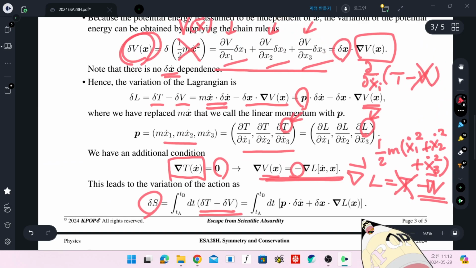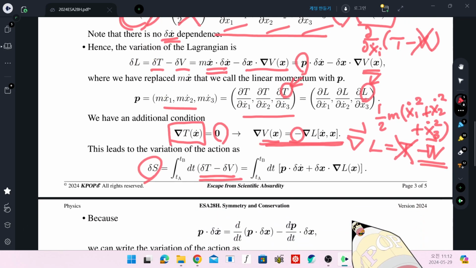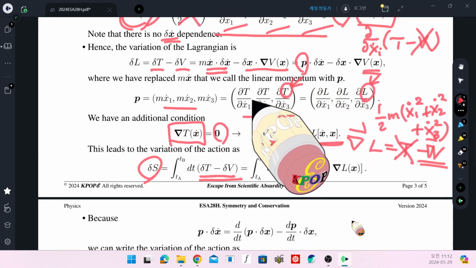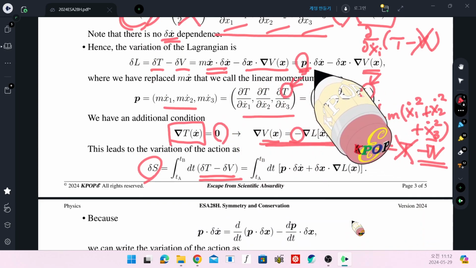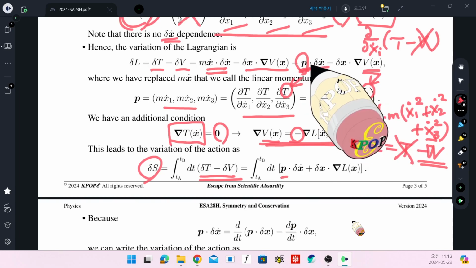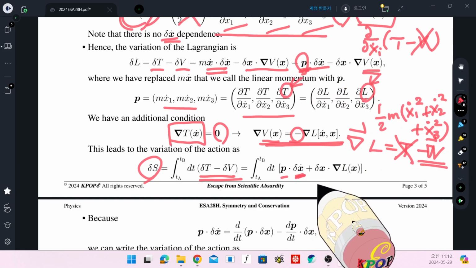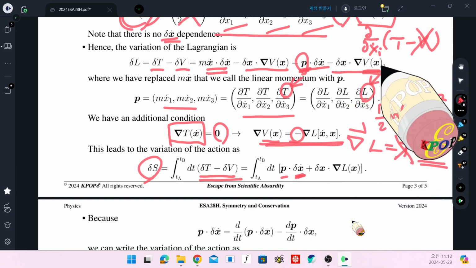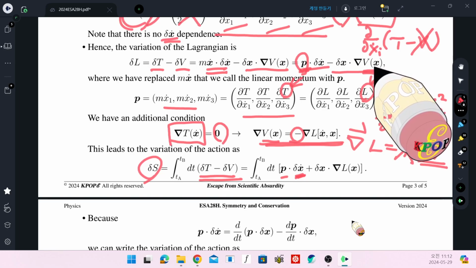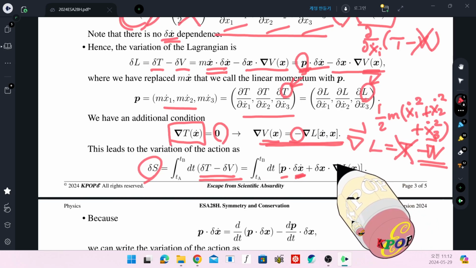We remember the variation of the kinetic energy. Variation of the kinetic energy is this: linear momentum, scalar product, velocity, the variation of the velocity. Next term, minus the variation of potential energy is replaced with plus the Lagrangian's gradient.